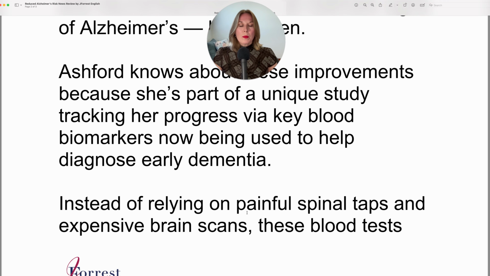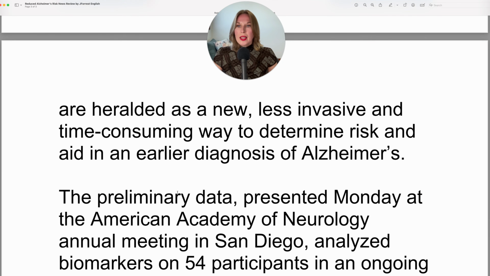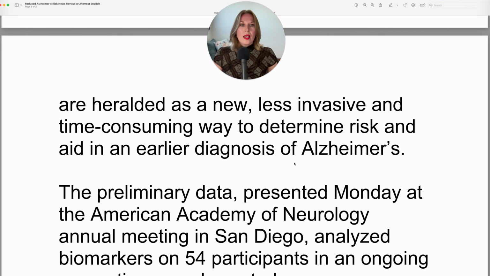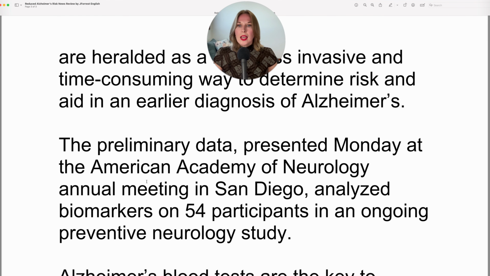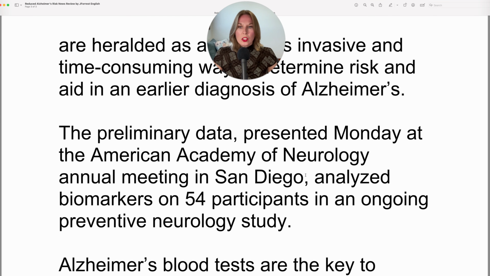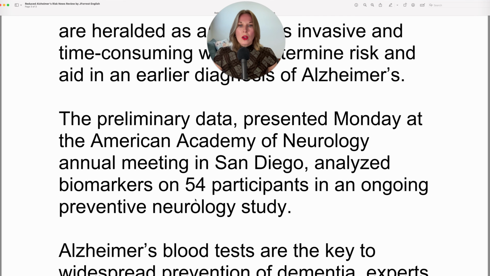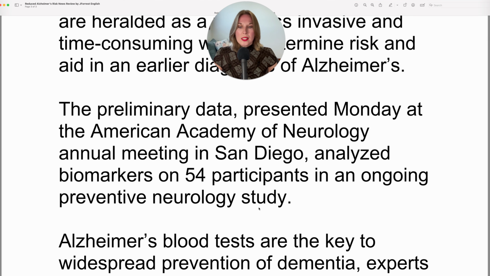Instead of relying on painful spinal taps and expensive brain scans, these blood tests are heralded as a new, less invasive and time-consuming way to determine risk and aid in an earlier diagnosis of Alzheimer's. The preliminary data presented Monday at the American Academy of Neurology annual meeting in San Diego analyzed biomarkers on 54 participants in an ongoing preventative neurology study.